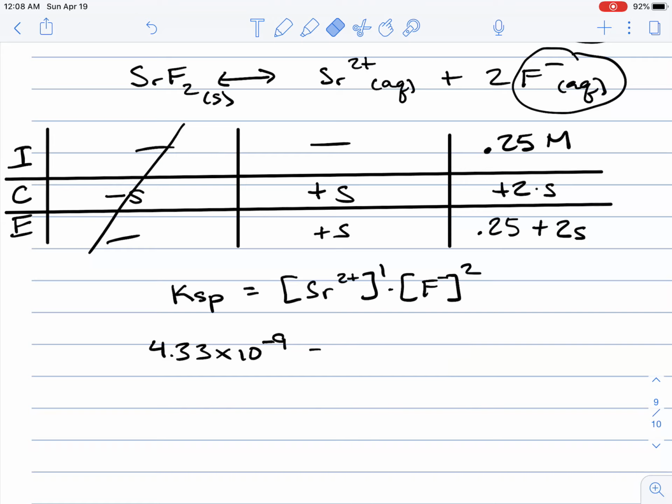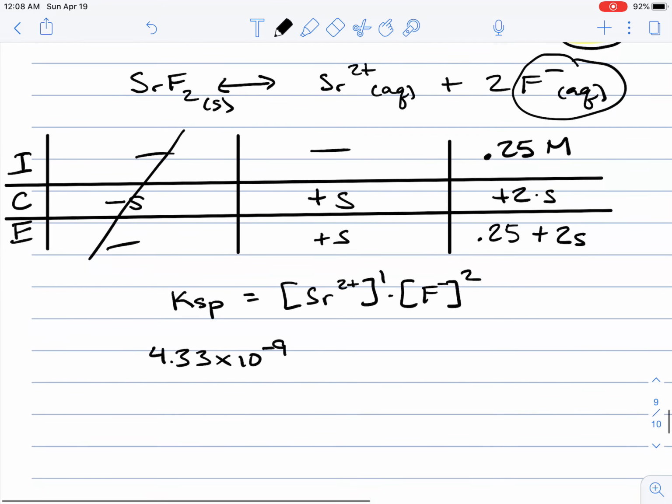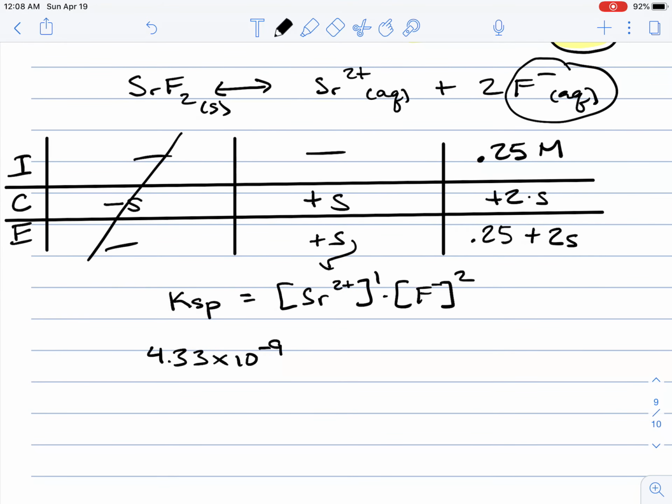That mass action expression does not change. This I don't need. All right, and so here we're going to place our equilibrium expression for each substance into the mass action expression for the solubility product constant. And that's going to give me s to the first times 0.25 plus 2s squared.